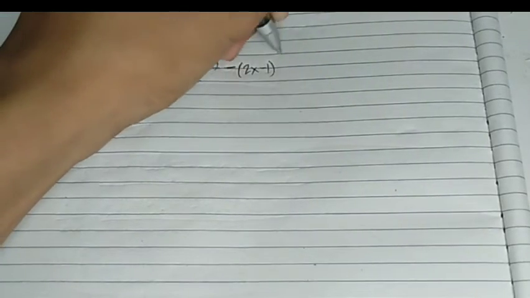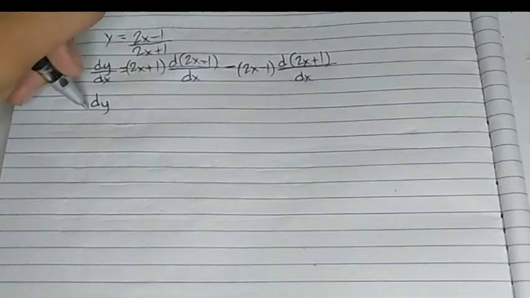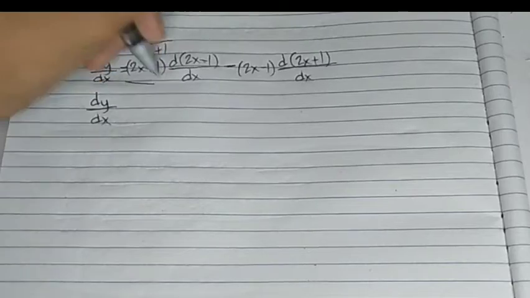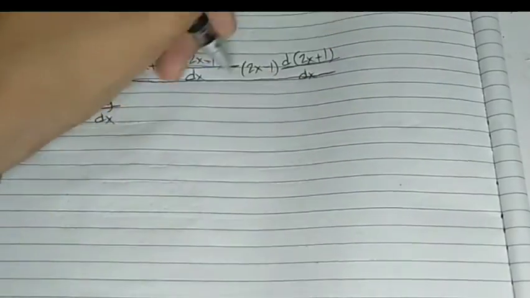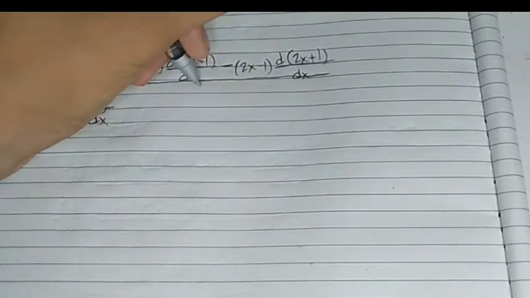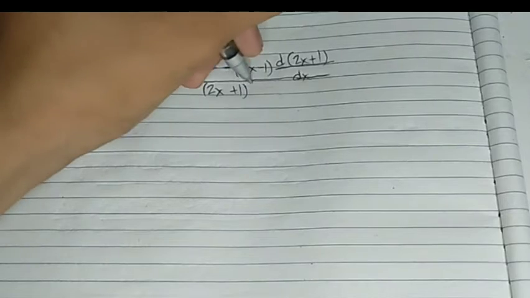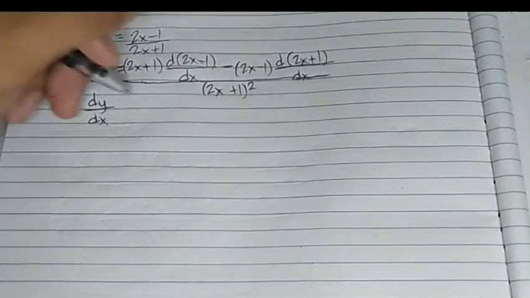So dy over dx is equal to the quantity of 2x plus 1 times the derivative of the quantity of 2x minus 1 over dx, minus the quantity of 2x minus 1 times the derivative of 2x plus 1 over dx, all over 2x plus 1 squared. So this rule includes the quotient rule of derivatives.